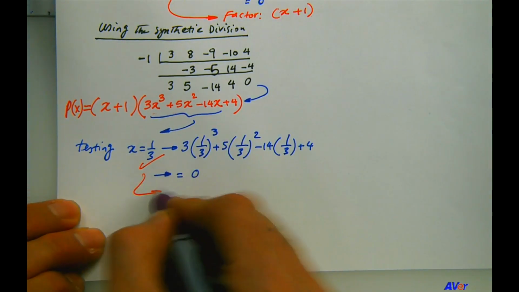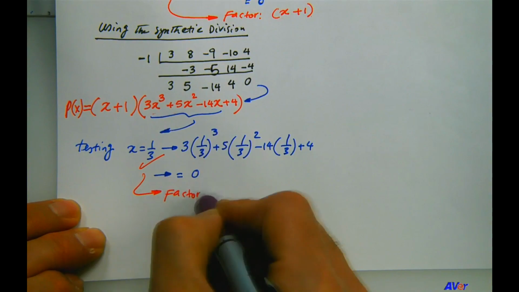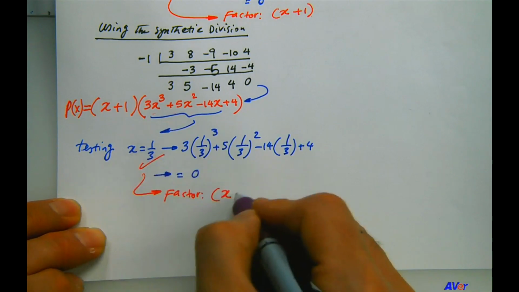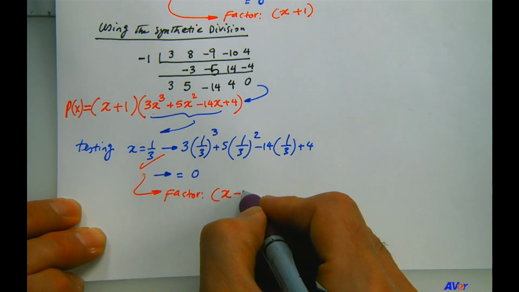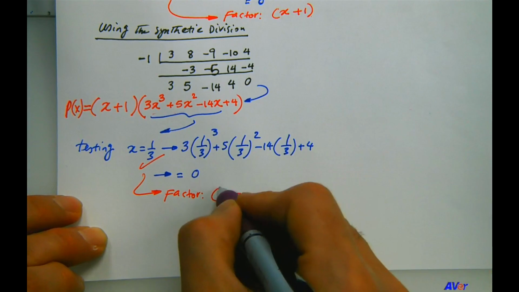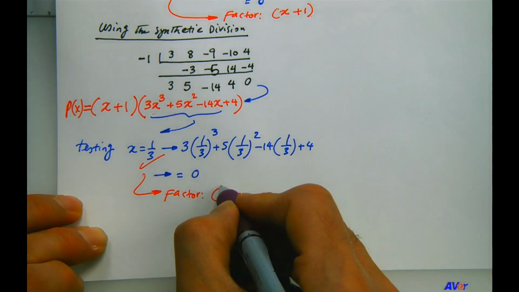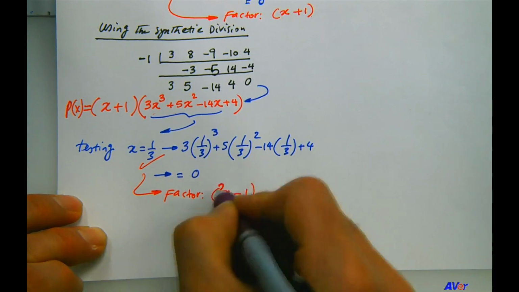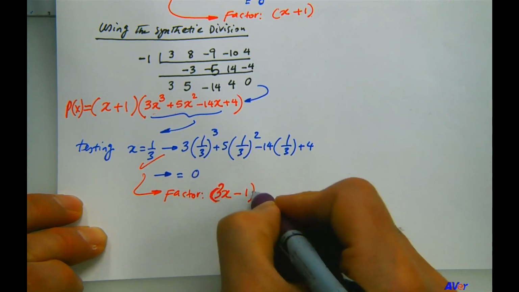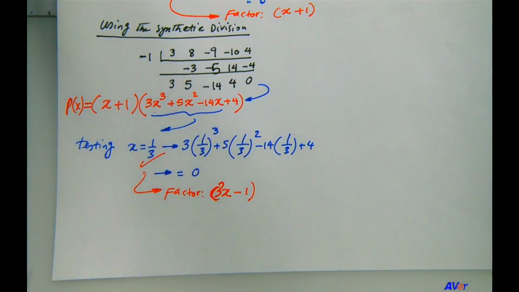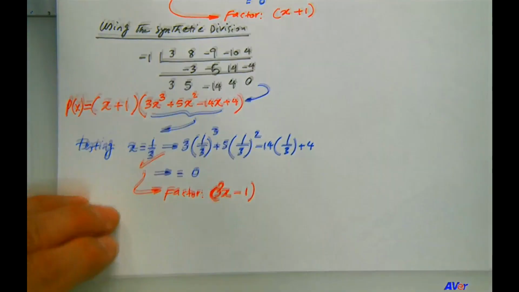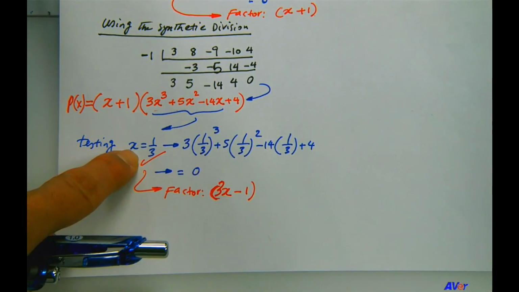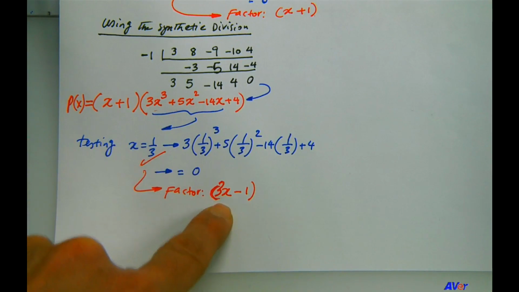That means the factor is going to be 3x minus 1, I should say. 3x minus 1 is a factor. The reason I say this is because when x equals 1/3 is the 0, then the factor has to be 3x minus 1.